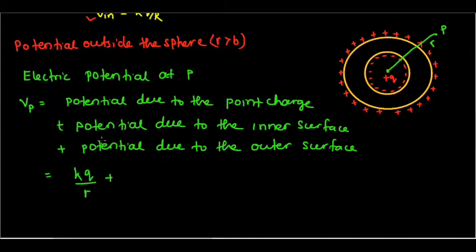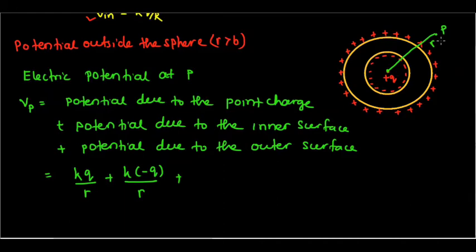Then we have to write the potential due to the inner surface. The inner surface has a charge minus Q due to electrostatic induction, and the point P lies outside the inner shell. It means the potential at the point P due to the inner shell will be k into minus Q divided by r. Then I have to write the expression for the potential due to the outer surface.